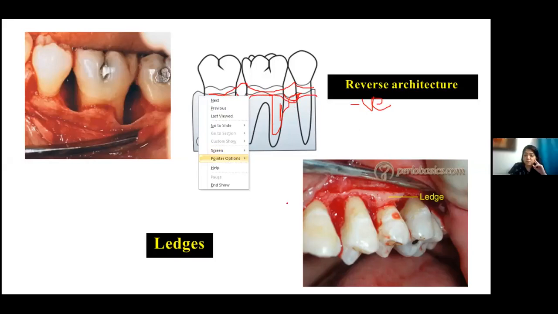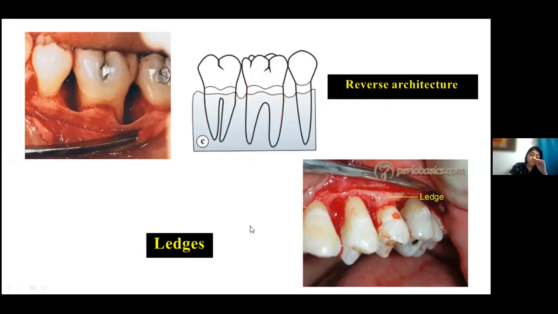Okay. Where do we see ledges most commonly? Anyone? Ledges? Molars?